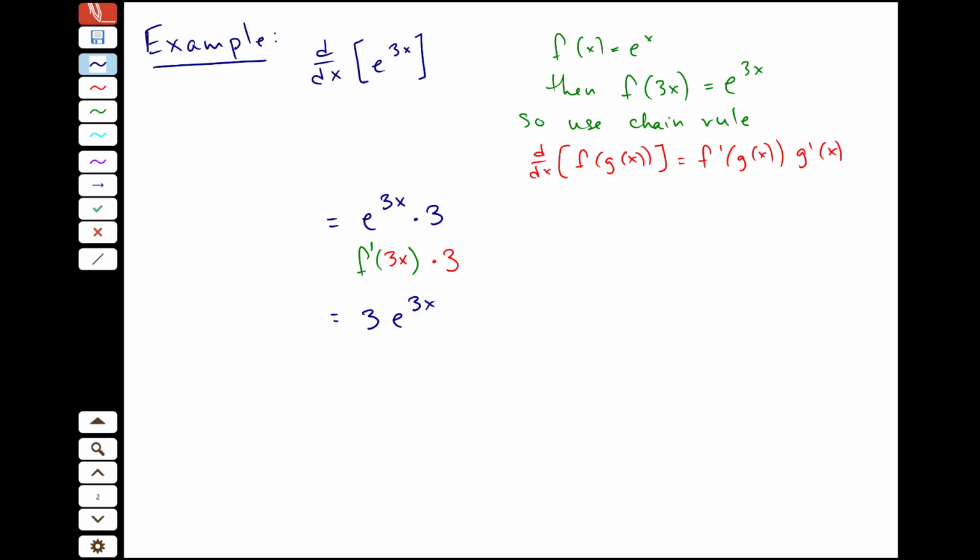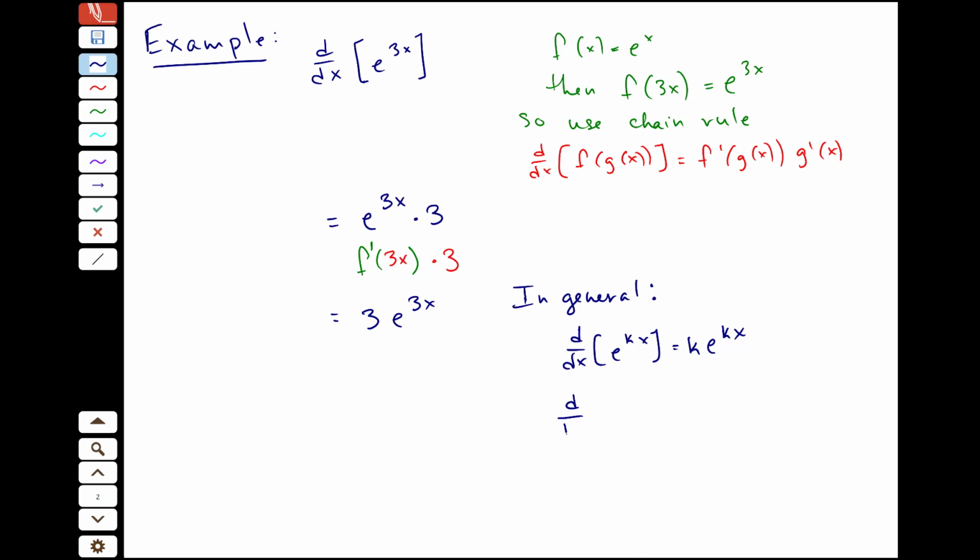Now, this example generalizes. So in general, the derivative of e to some constant k times x, you're always going to get this extra k as the derivative of this inside function, k times x. So the derivative of e to the kx is k e to the kx.